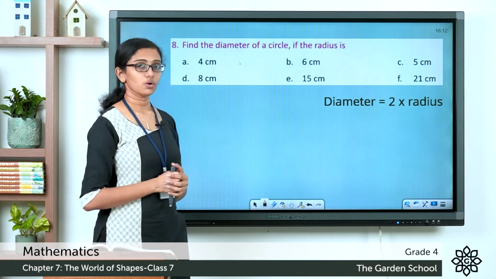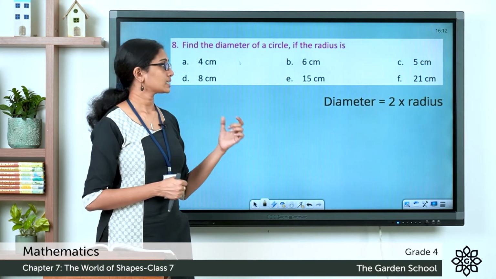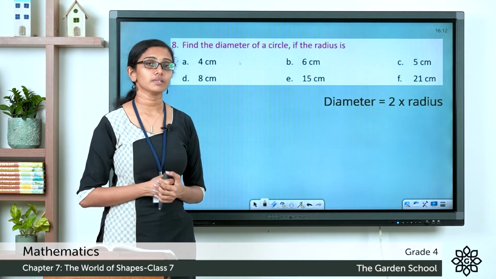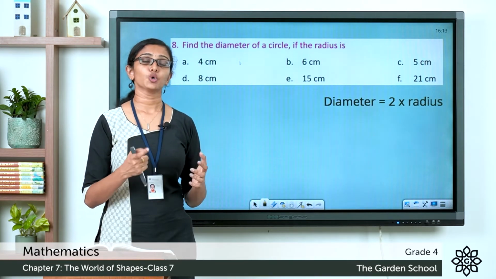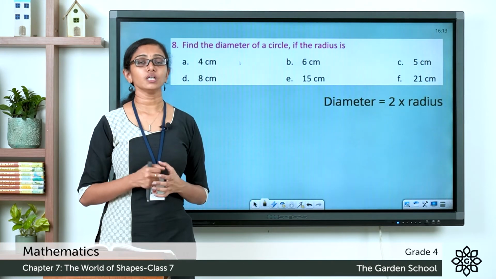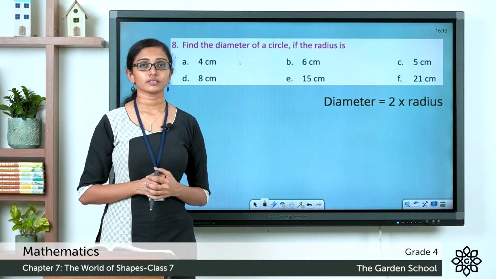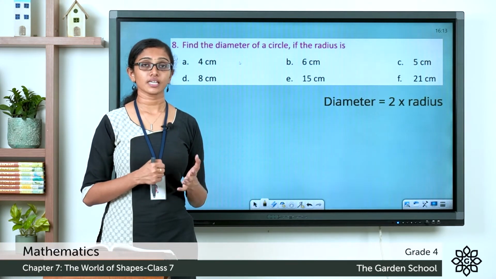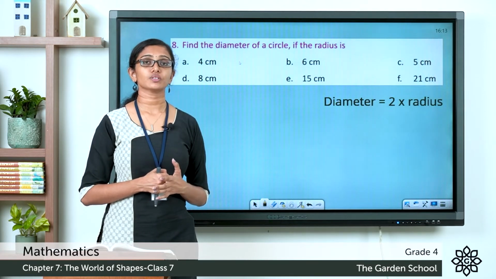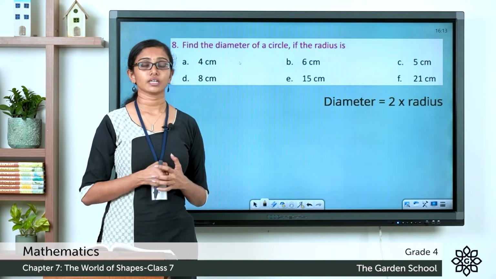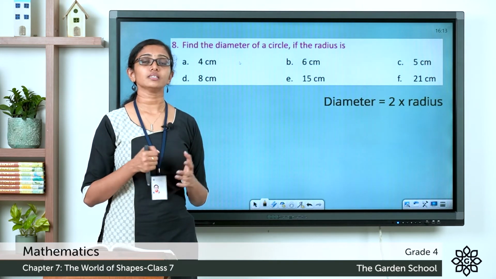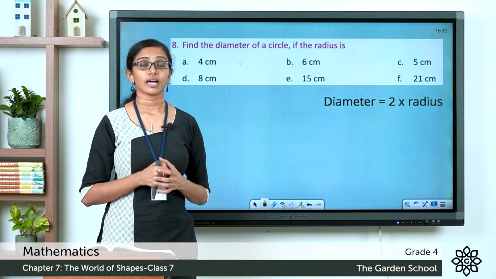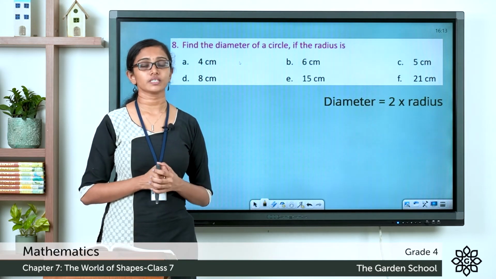We have already learned the diameter. What do you mean by the diameter? You have already learned that when you draw a line connecting 2 points on the boundary of a circle, you call that a chord. When you draw a chord such that it passes through the center of the circle, you call that chord the diameter of the circle, and it is the longest chord of a circle.